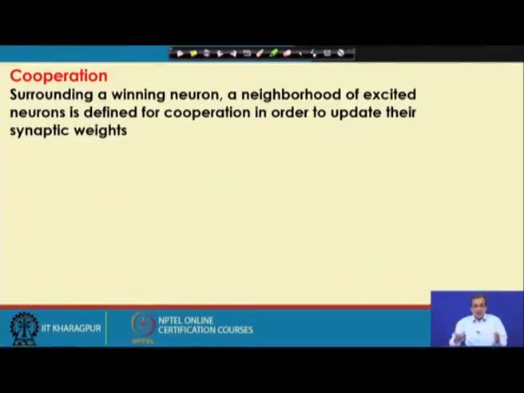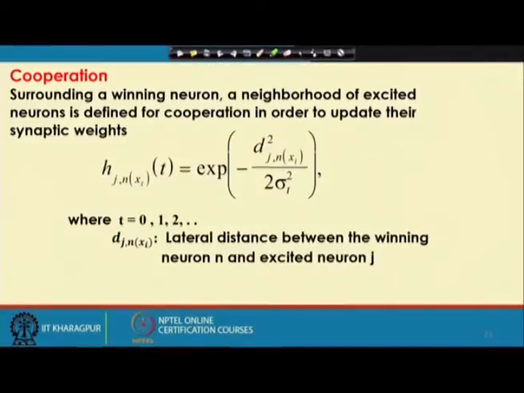Now, how to implement that? To implement that, what we do is we take the help of one Gaussian distribution, as I told. For this Gaussian distribution, we try to represent it in this particular form, that is h_j,n(x_I).